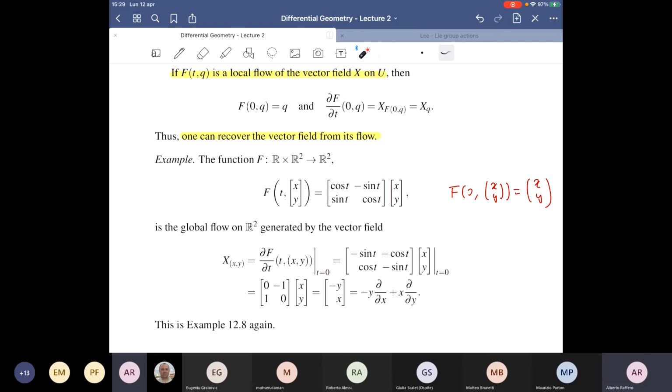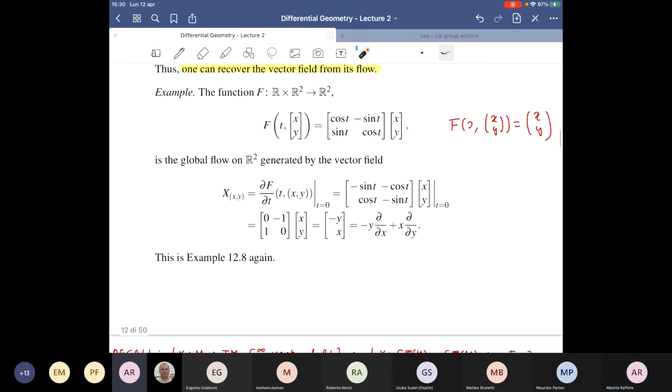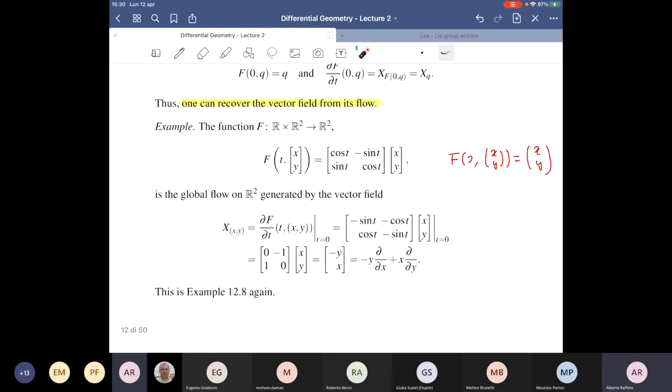Derive this with respect to the time and you will get this matrix here, evaluate at t equals 0, and as you can see, you will end up precisely with the vector field we considered at the beginning of everything, in the first example. So this is the first example we considered in the light of this discussion on local flows. Actually, here we have a global flow and this vector field in this example is complete. Okay, so this is the first part of today's discussion.